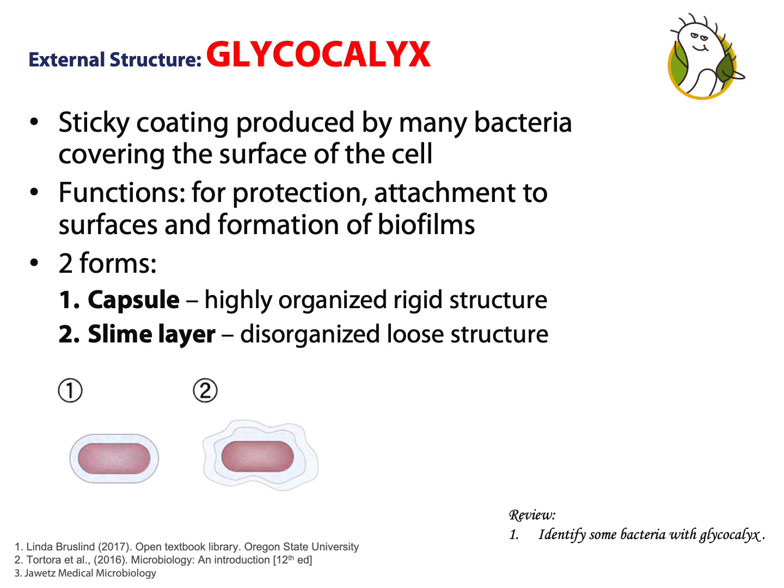Your slime layer is similar to the capsule in that it is typically composed of polysaccharide and completely surrounds the cell. However, your slime layer has a disorganized structure. It also offers protection from threats such as desiccation and antibiotics, and also allows adherence to cell surfaces.